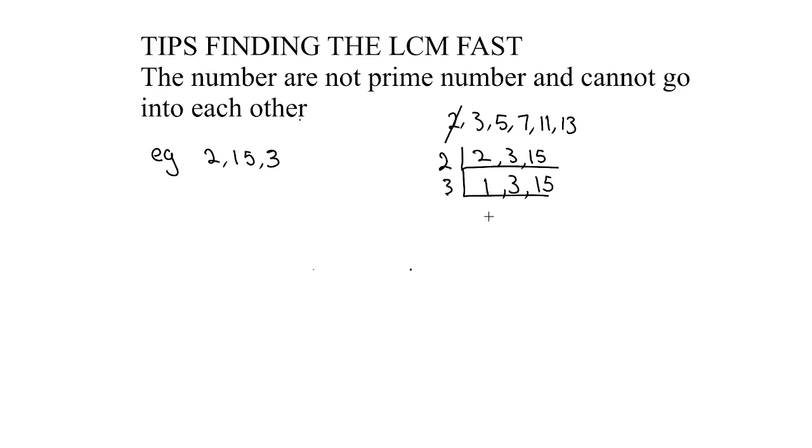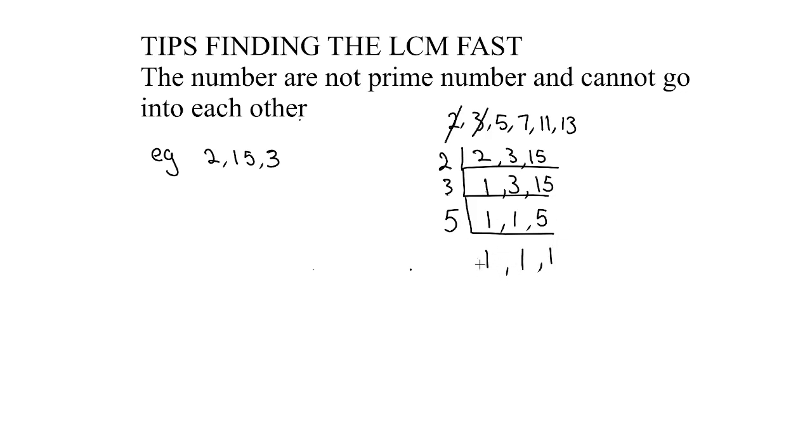So you say 3 into 1, cannot, bring it down. 3 into 3, 1. And 3 into 15, 5. Then you ask yourself, well, can 3 go into any of these numbers? No. Cross it off. Then you go to the next prime number, which in this case is 5. You ask if 5 could go into any of these numbers. Yes, 5 could go into 5. So 5 into 1 cannot, bring it down. 5 into 1 cannot, bring it down. 5 into 5 is 1.